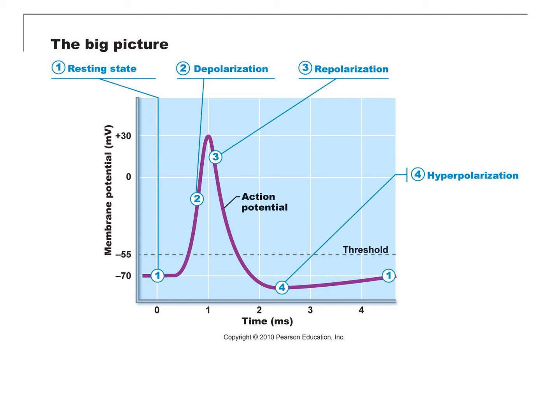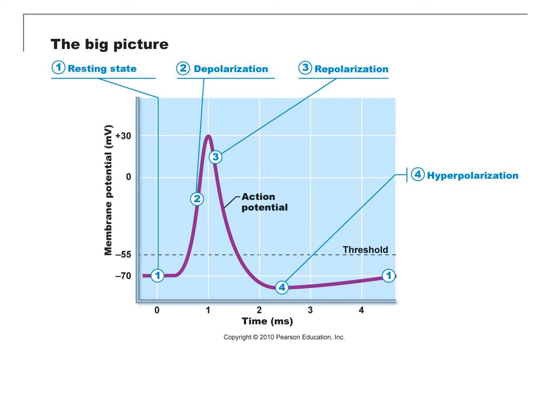So as those positive ions leave the cell, then you're going to see your charge move back down, and this is called repolarization. And so again, this is phase 3 of the action potential. Now once you get down below negative 70, and this will happen, you haven't just repolarized, you've hyperpolarized.